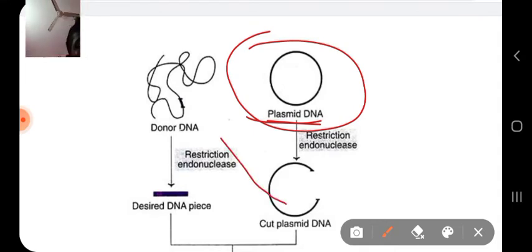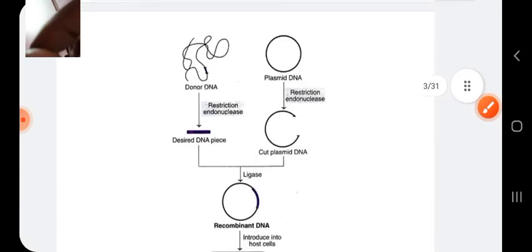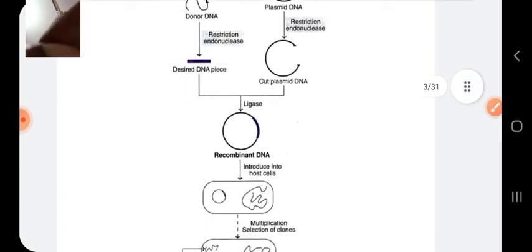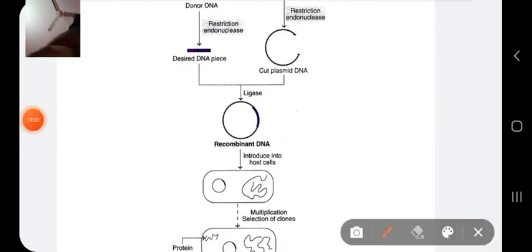So you can see this plasmid is acting as a vector, carrying our DNA of interest into the suitable host cell.